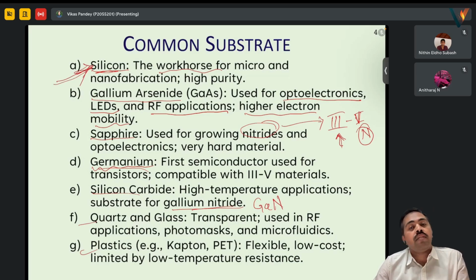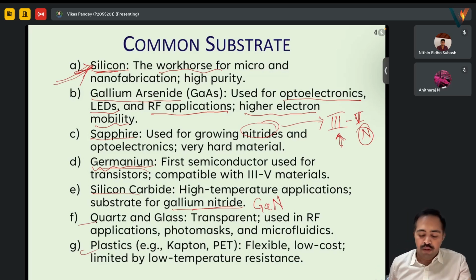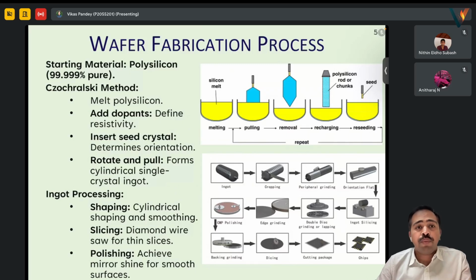Even when we are working with gallium nitride or gallium arsenide, it is actually grown over silicon. So the substrate is ideally silicon only, and some layer of gallium arsenide or gallium nitride or aluminum gallium nitride has been grown over it. So we will be discussing more in general about silicon.